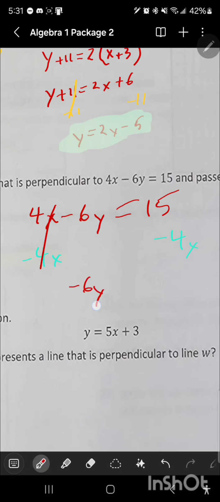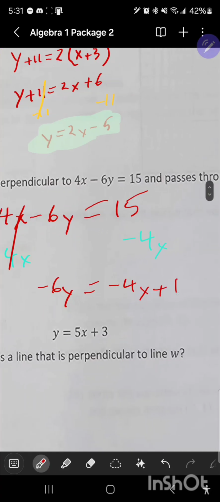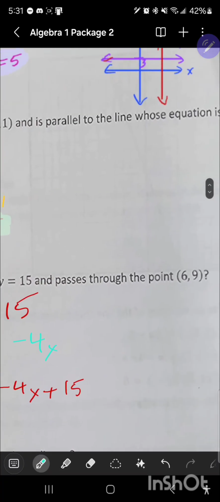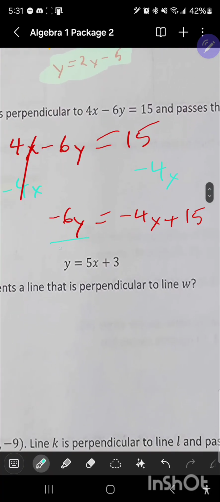So I have negative 6y equals negative 4x plus 15, or 15 minus 4x, which is the same. I want to leave the y alone, so I will divide by negative 6 on both sides.